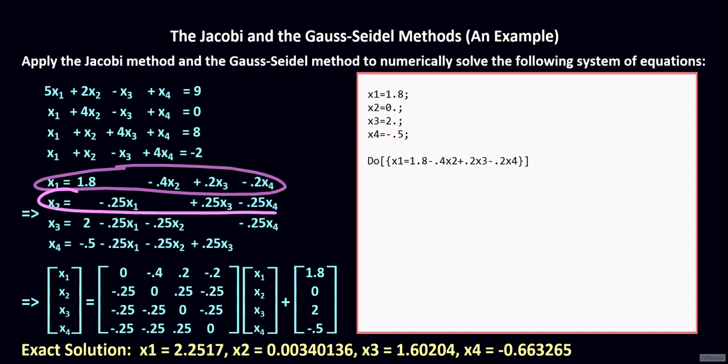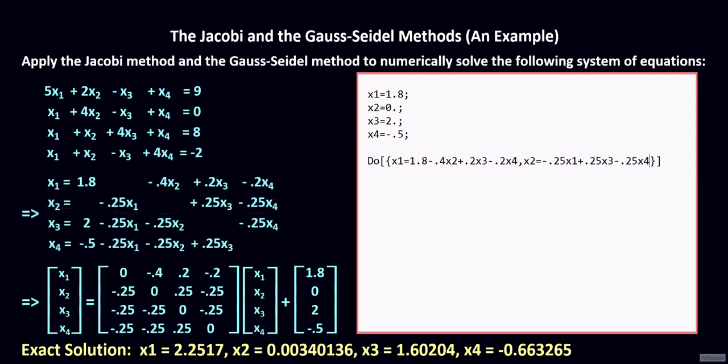From the second equation, x2 equals minus 0.25 x1. The new value of x1 will now be used not just for x2 but also in subsequent calculations. Then it's plus 0.25 x3 minus 0.25 x4.